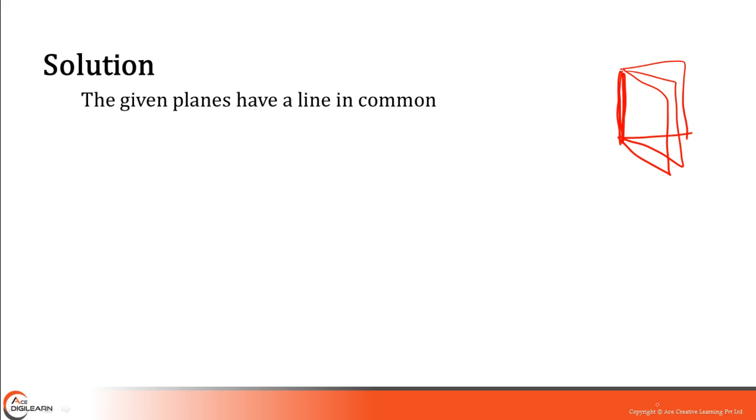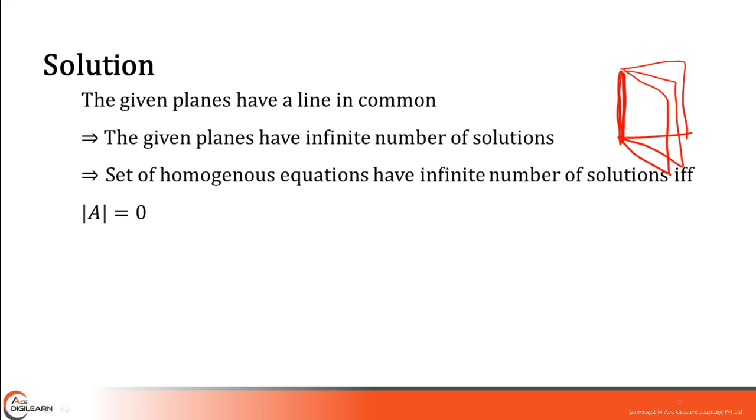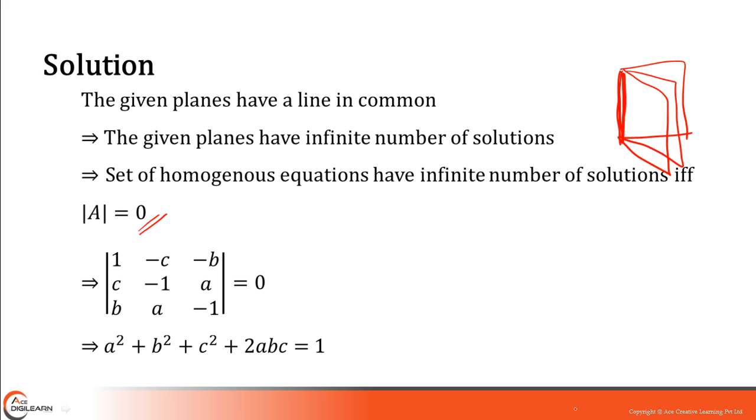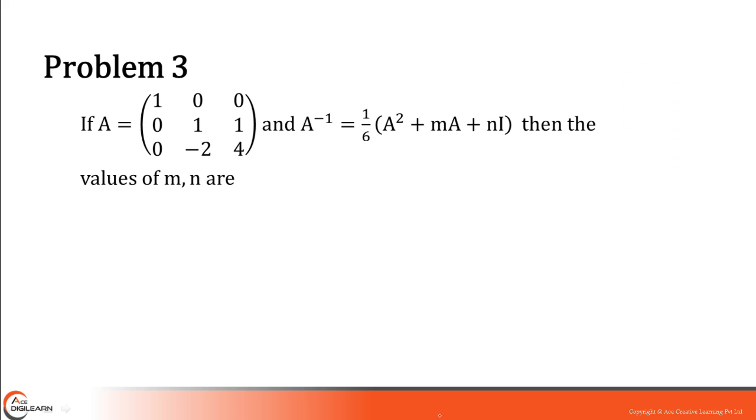Hence, the homogeneous equations have an infinite number of solutions, then det A equals 0. By equating det A equals 0, we get the value of a square plus b square plus c square plus 2abc is 1.